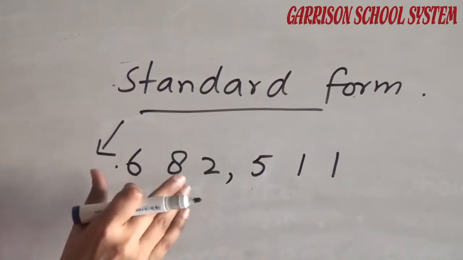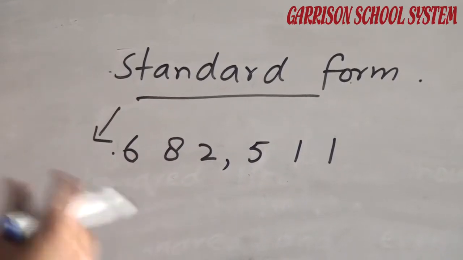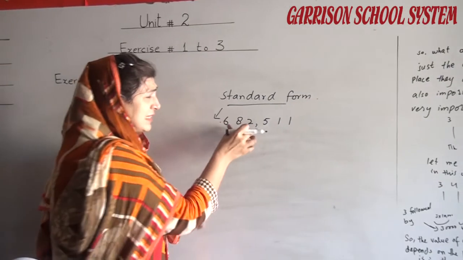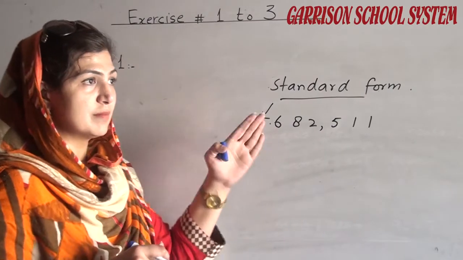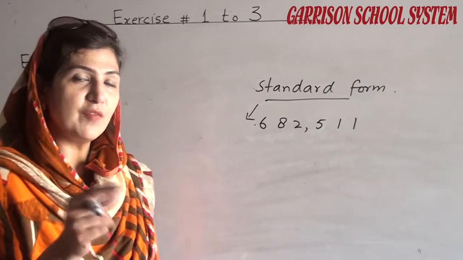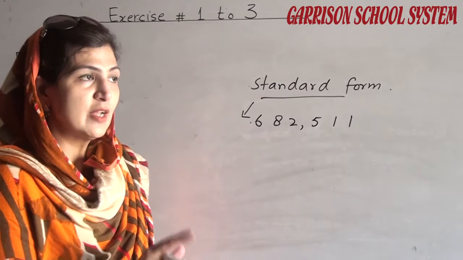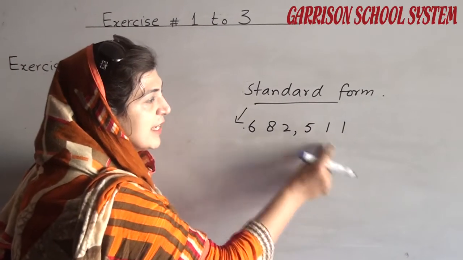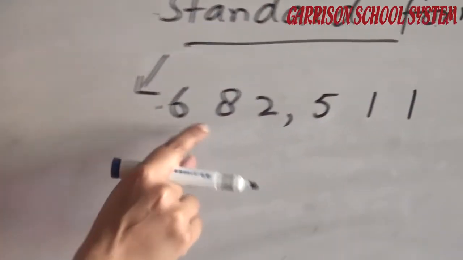Students, when we have to write this number into expanded form, we have to convert it by finding the place value of the digits of this number.